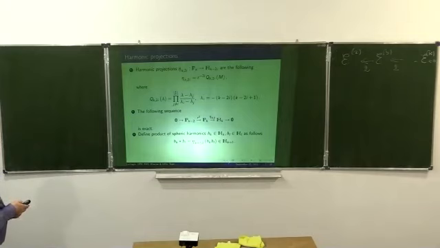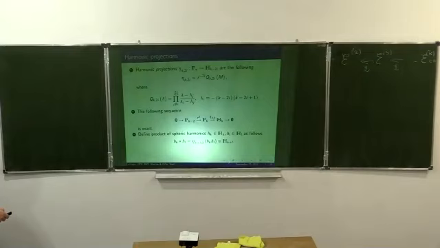So we take two harmonic polynomials, HK, HL. Take their product. It will be a homogeneous polynomial of degree k plus L. And take the harmonic part of this. So take this projection. So the result will be a harmonic polynomial.